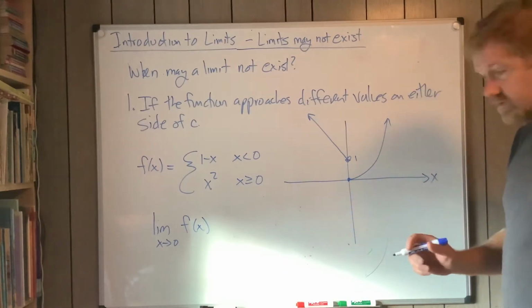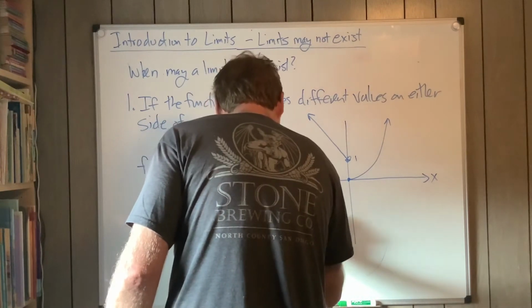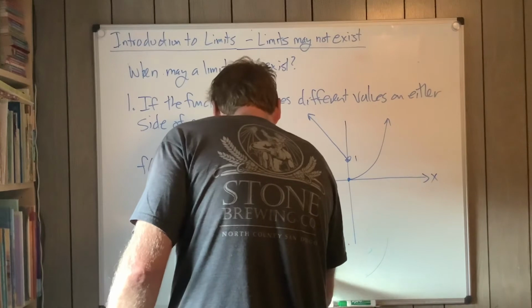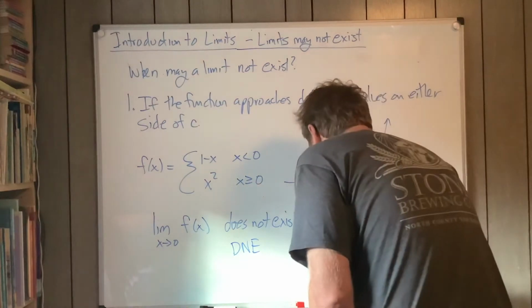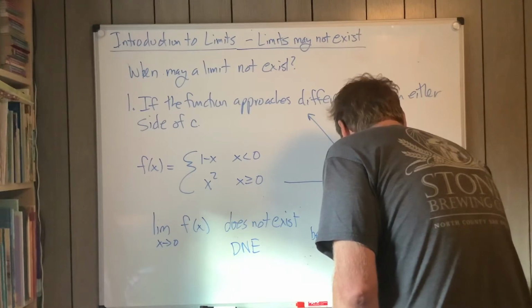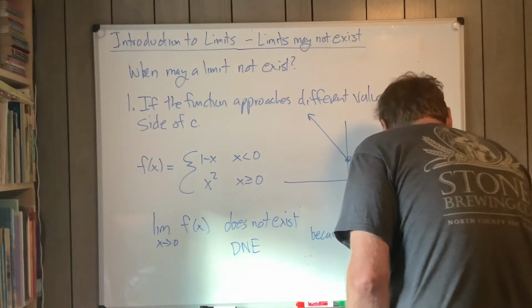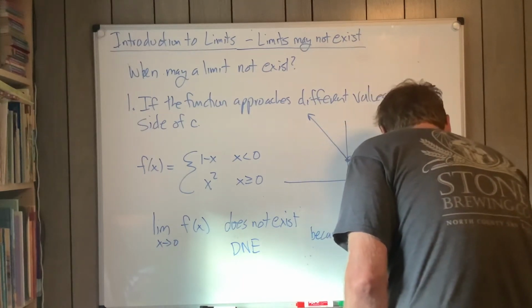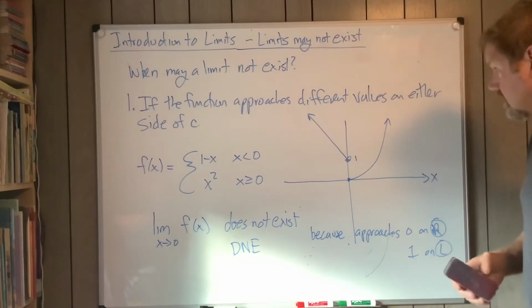Okay, so we're going to say the limit does not exist, DNE is the other thing. And I'm just going to say, because it approaches 0 on, let's say, the right, and 1 on the left. So basically I'm saying it approaches 2 different values. Okay, so that's one way that this may not exist.